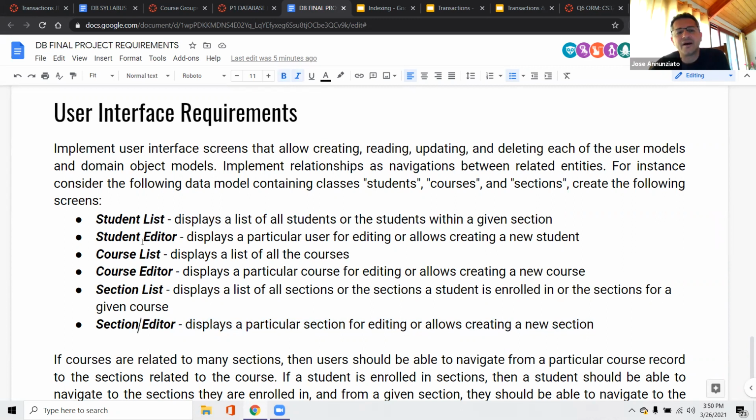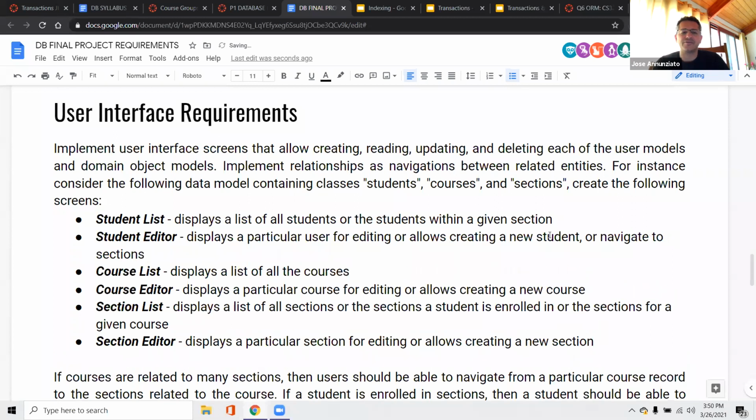Student editor will allow me to edit a particular student or create a brand new student, but for editing it should also allow me to navigate to sections for that student, maybe a link that says these are the sections for that student.